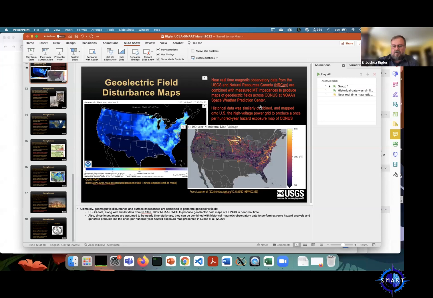And so the first generation of these, of this map here, these are actually using measured impedances, but the first generation of this, which really isn't that old, maybe just a few years old, was using surface, what we call physiographic feature maps to organize where you would see this disturbance. And that works to an extent.